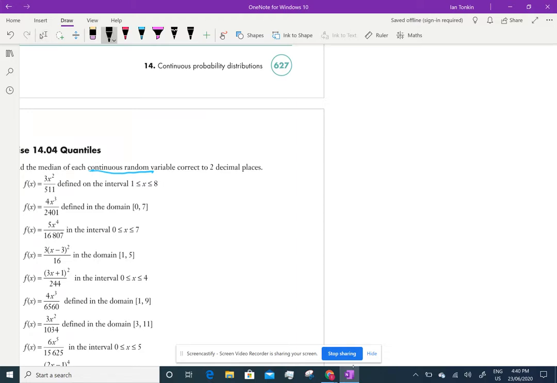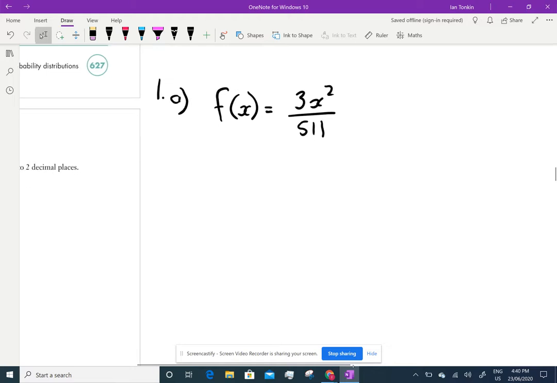This is question 1a, and they say f of x equals 3x squared on 511. And they say it's for a set domain from 1 to 8. So there's the domain.